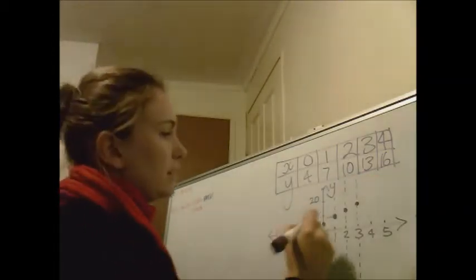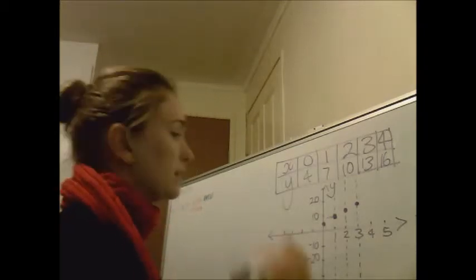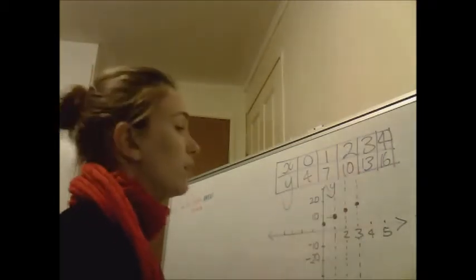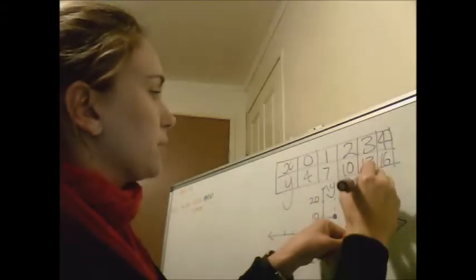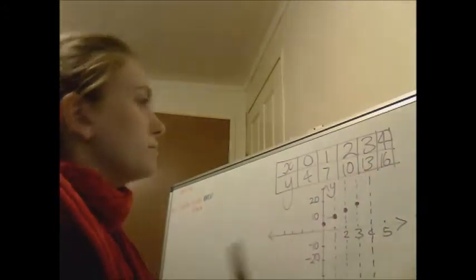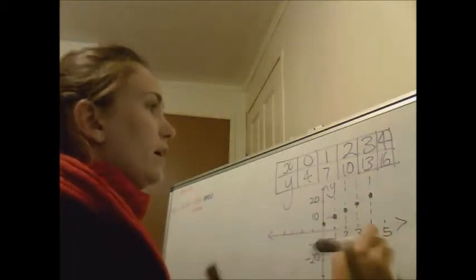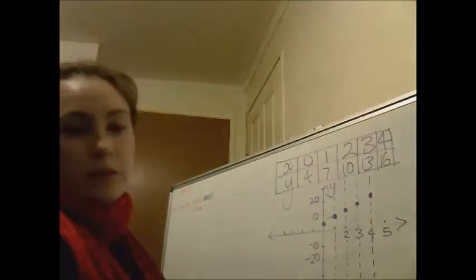You can already see that we're getting a linear line, aren't we? We're getting this linear graph, this straight line. But let's keep going to make sure that it follows the same pattern. 4 is 16, and that's where we've gone up to.